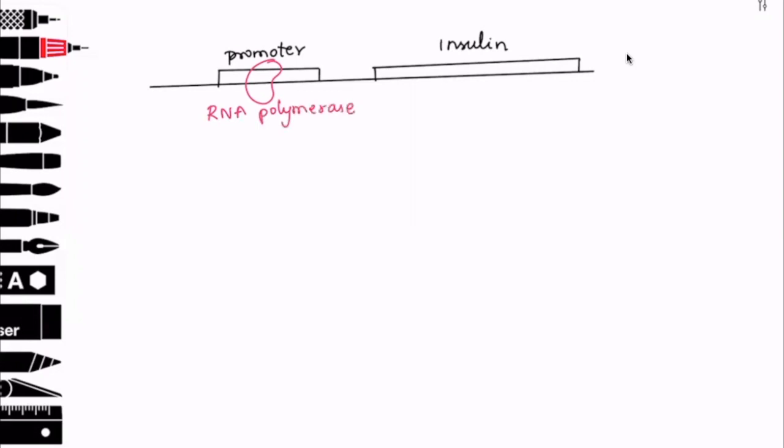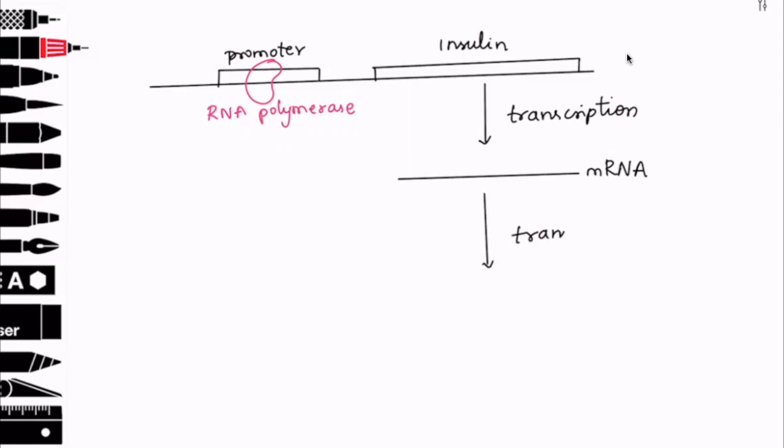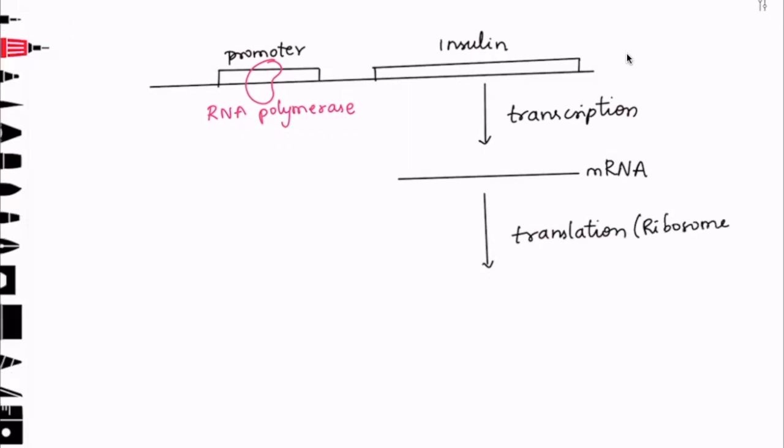After binding, the insulin gene is transcribed into mRNA. The mRNA is then translated using ribosomes into protein.